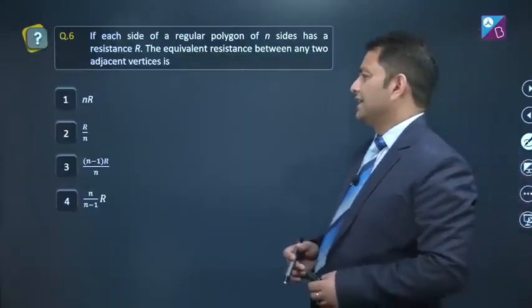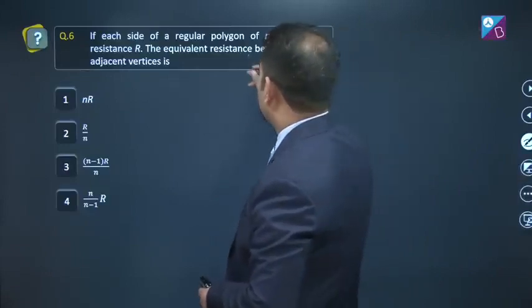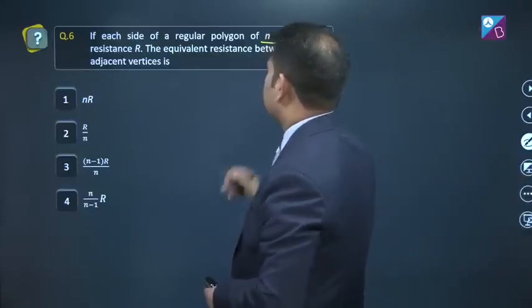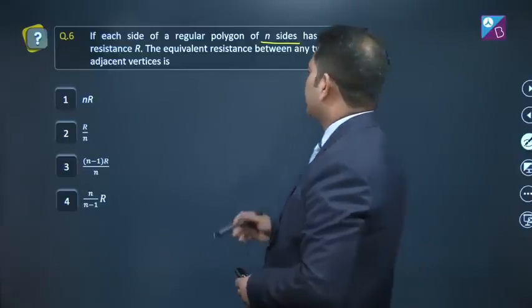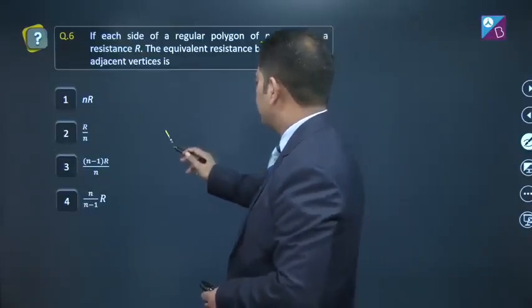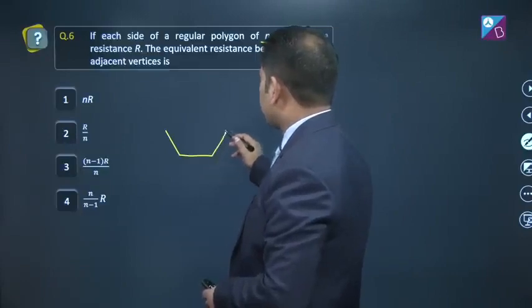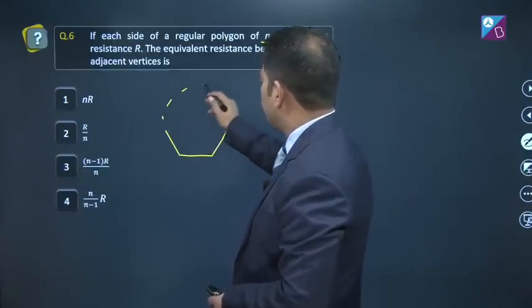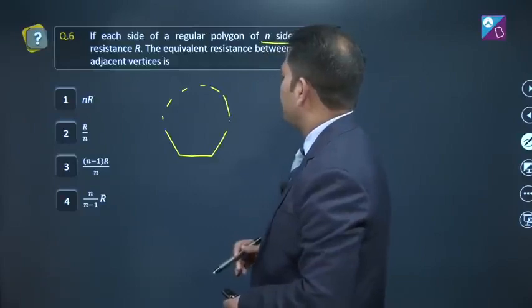Question number 6. If each side of a regular polygon of n sides has a resistance R, the equivalent resistance between any two adjacent vertices. तो let me make one segment of polygon. इसके बाद ये complete कर देना. This is a polygon.